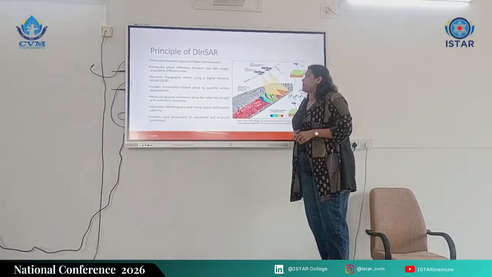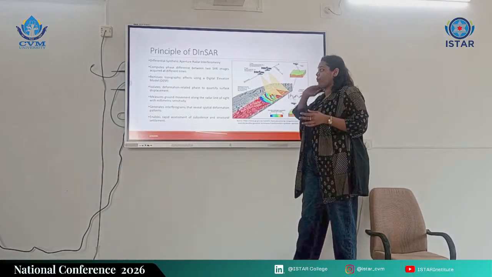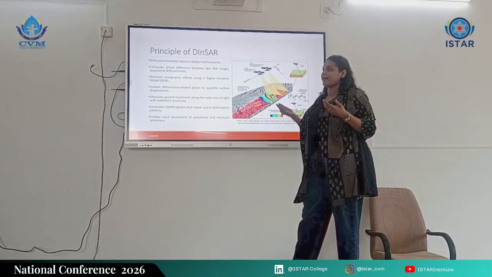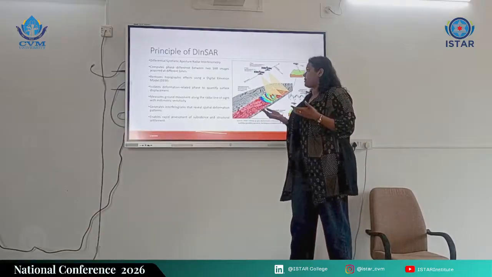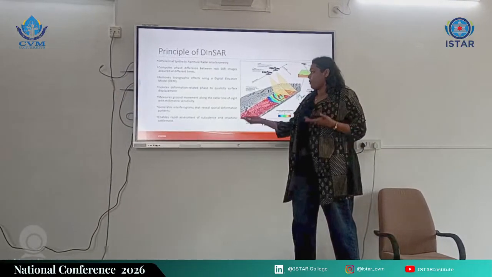The principle of InSAR is differential synthetic aperture radar interferometry. This is a technique which uses two different satellite images and compares the phase difference over a different period of time.